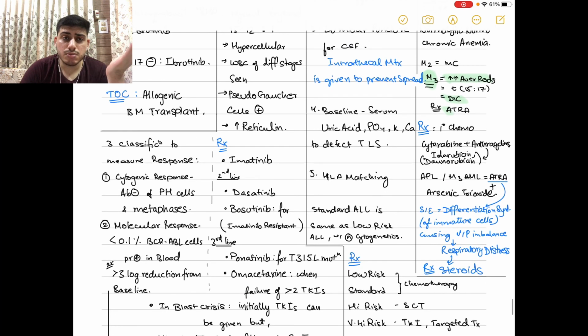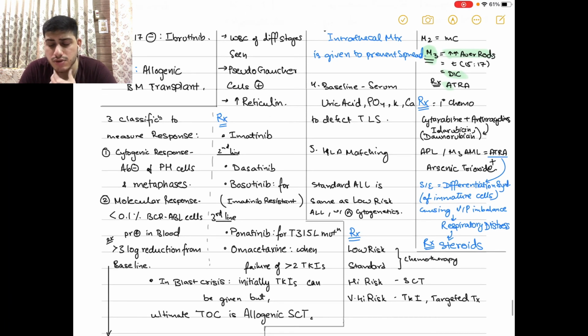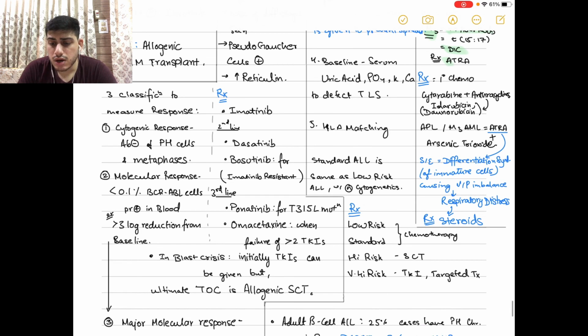Okay, so now the treatment. Since cytarabine is not used for M3 type of AML, we will give ATRA, that is all-trans retinoic acid. So ATRA is the treatment of choice in M3, and the translocation 15;17 also, you have to remember this. Now the treatment: first of all, we will give the primary chemotherapy, that is cytarabine along with anthracyclines.